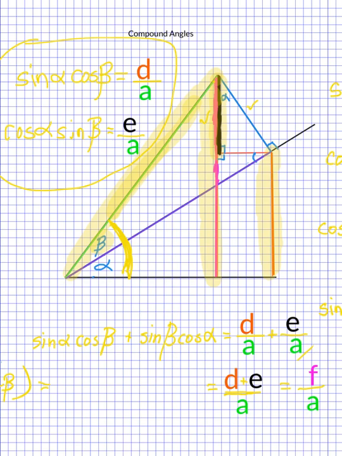That would be equal to pink, which is F, divided by the green, which is A, F over A. But wait a minute, isn't that what we just said? Sine alpha cos beta plus sine beta cos alpha equals F over A. It is.